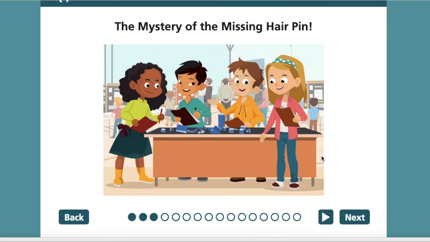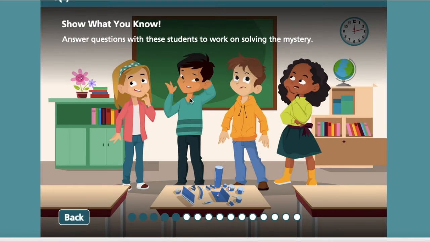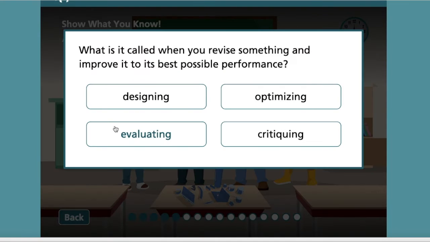So you're trying to figure out what happened to the missing piece, and you're given clues. So these are your suspects, so kind of like a murder mystery game. And then each of these, you have to answer all 8 of these questions to get your first clue about the mysterious disappearance of the pin. So you can look at your first one.